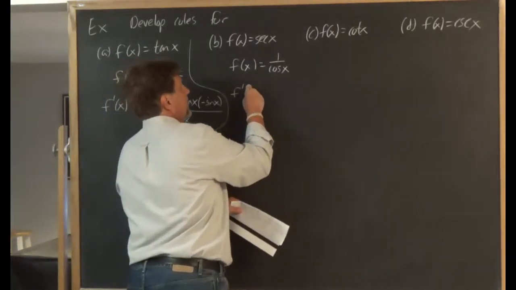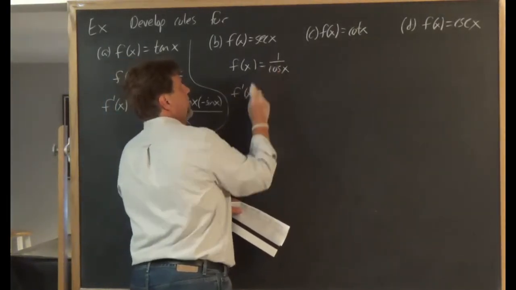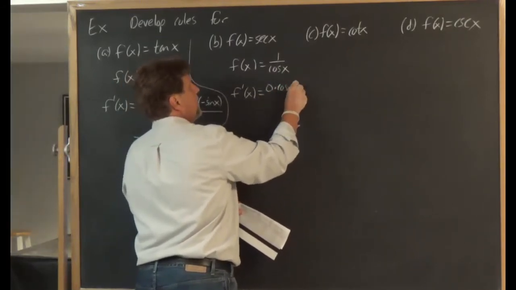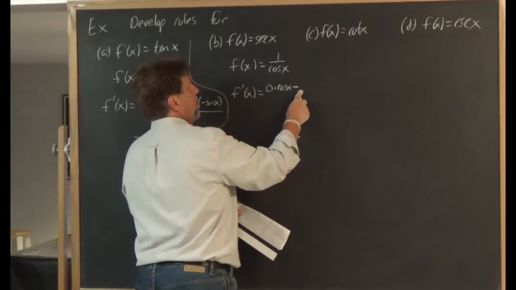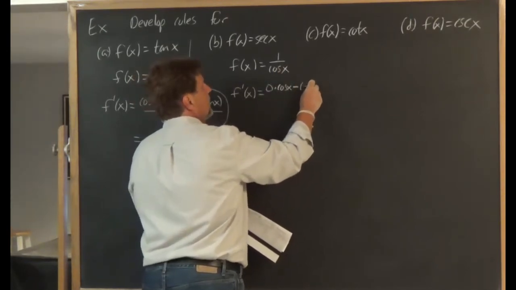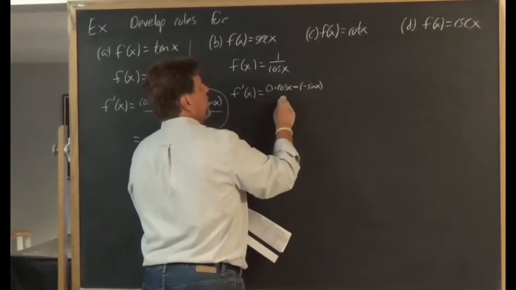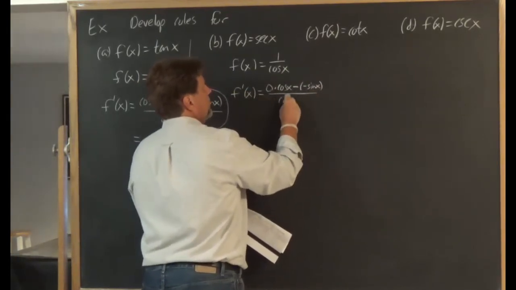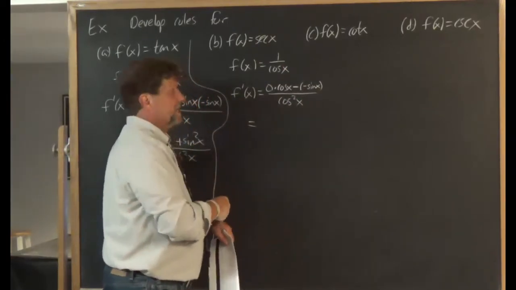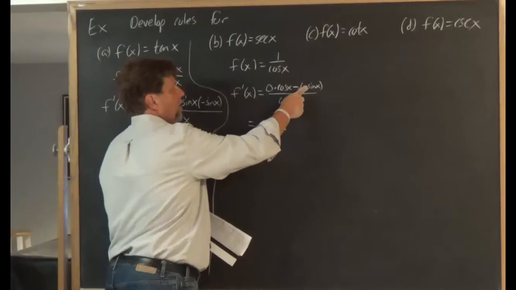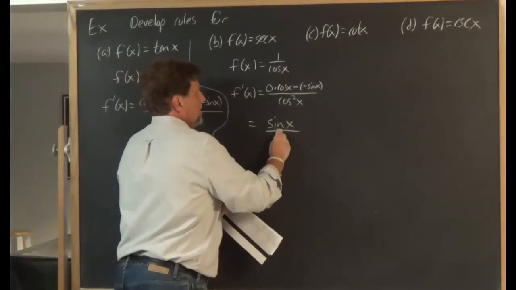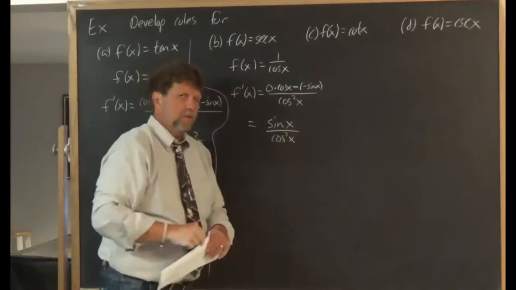The derivative is the derivative of the numerator, so that's 0 times cosine x, minus the numerator 1, times the derivative of the denominator, well, the derivative of the denominator is negative sine, all over the denominator squared. Yes, we're going to clean this up. This is 0 minus a negative, which gives us a positive sine x over cosine squared x.